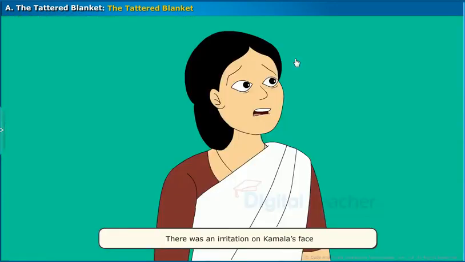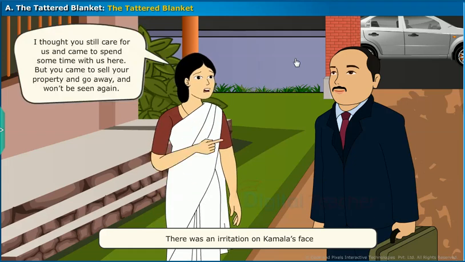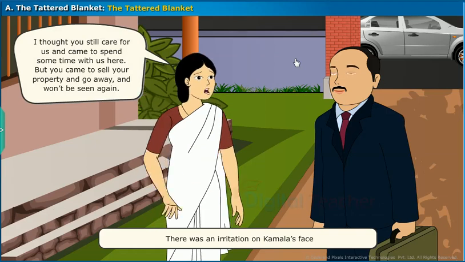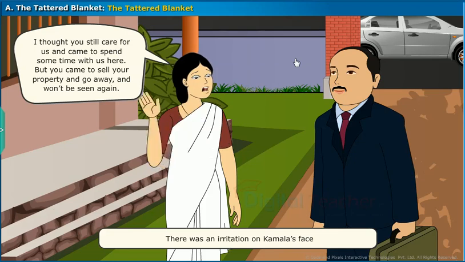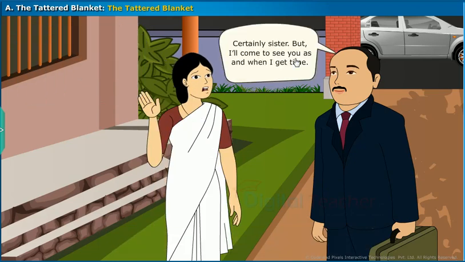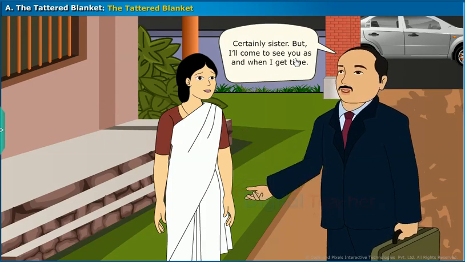There was an irritation on Kamala's face. I thought you still care for us and came to spend some time with us here. But you came to sell your property and go away and won't be seen again. Certainly, sister, but I'll come to see you as and when I get time.